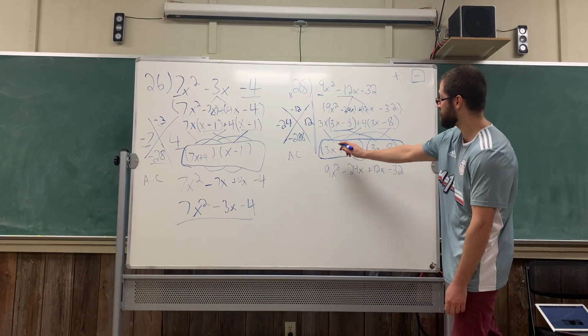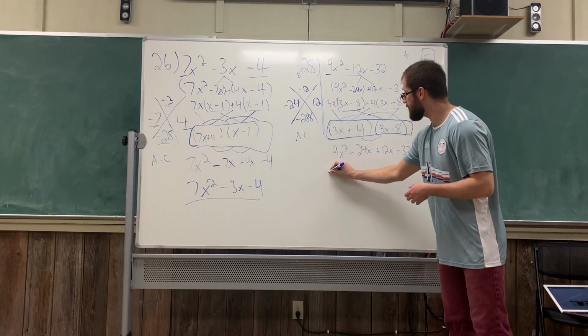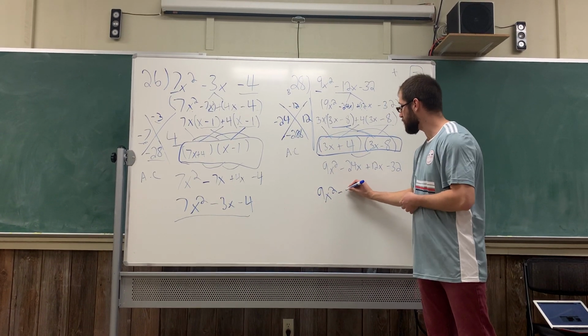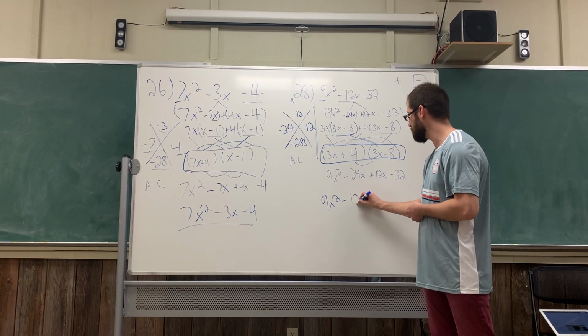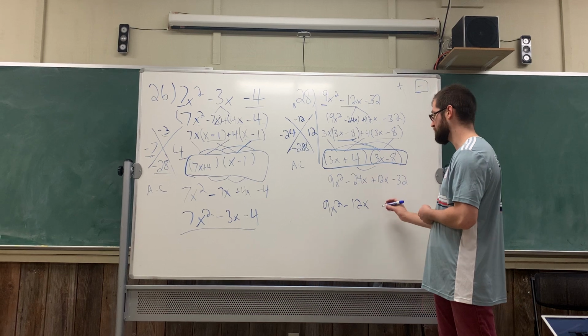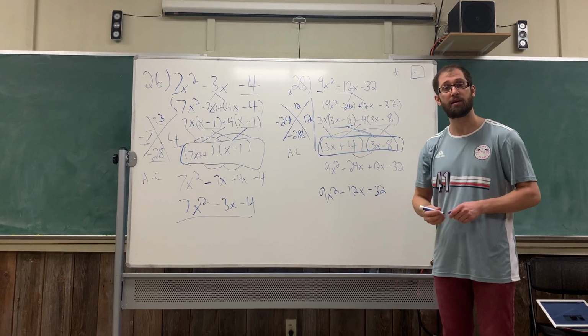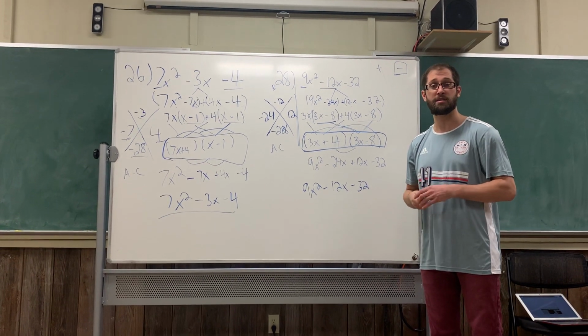So this is how we factor. This is how we check our factoring. 9x squared minus 24x plus 12x is negative 12x, minus 32. Is that what I started with? It is, so that means it's correct.